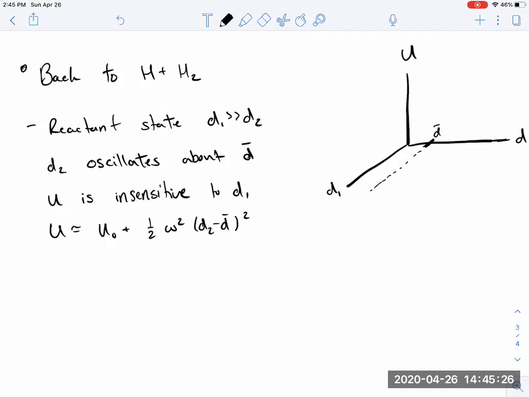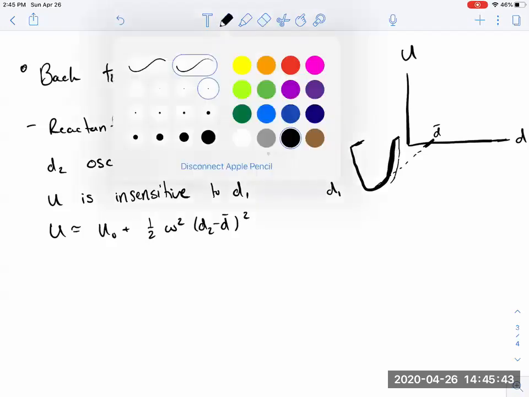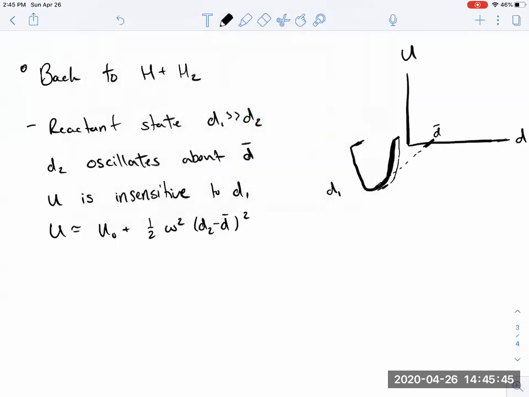At large values of d1, we're going to have some harmonic function, and this is going to extend in a way that's insensitive to d1, just a function that looks constant with respect to d1.